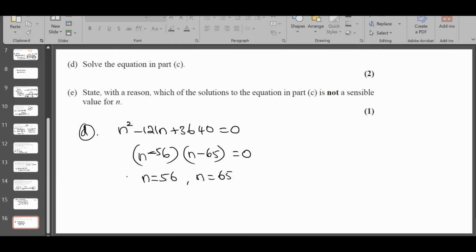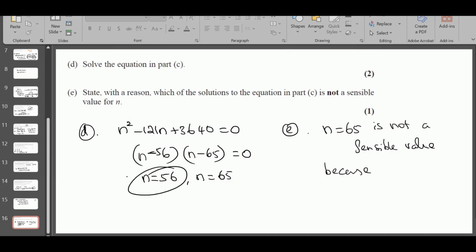Part E, state with the reason which of the two solutions in part C is not a sensible value for n. n is equal to 65 is not a sensible value, because in 56 months she saved the amount already.